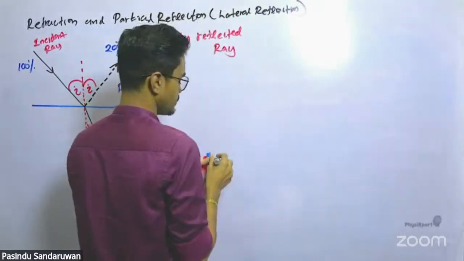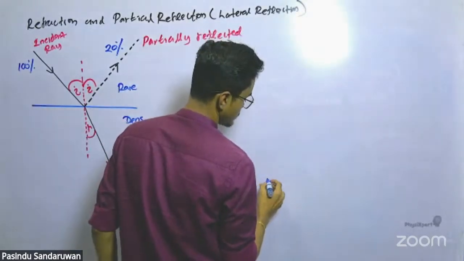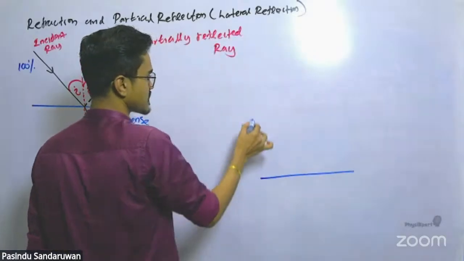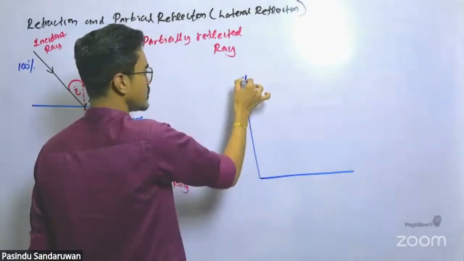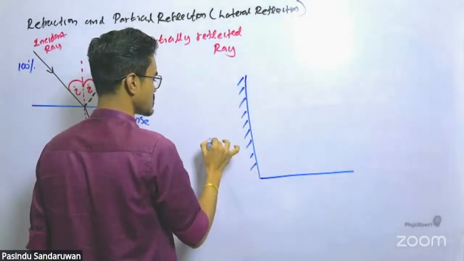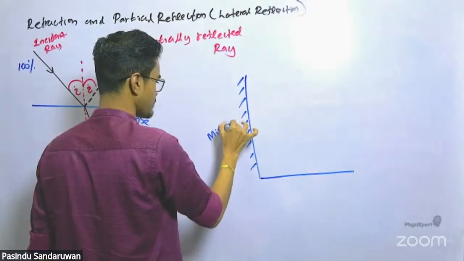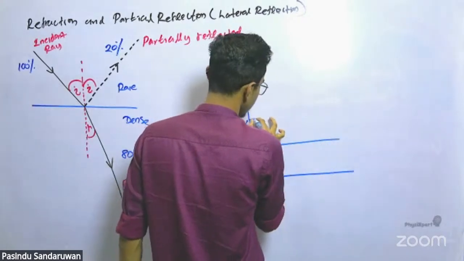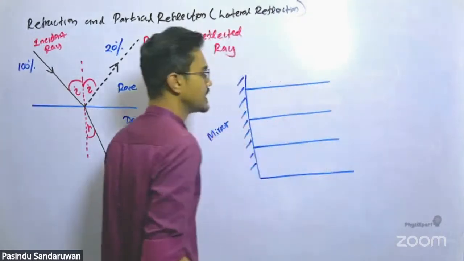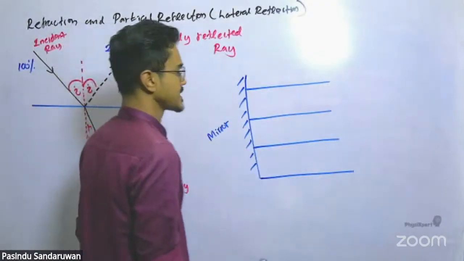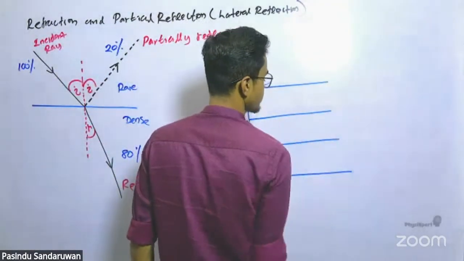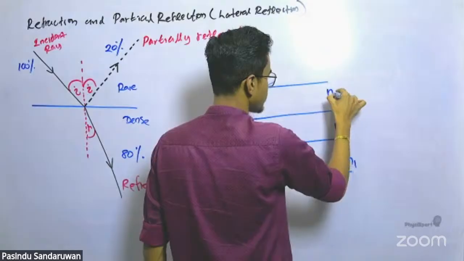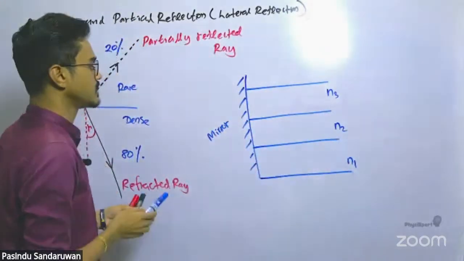Say this is a mirror, and these are different media. Their refractive indices are n1, n2 and n3.